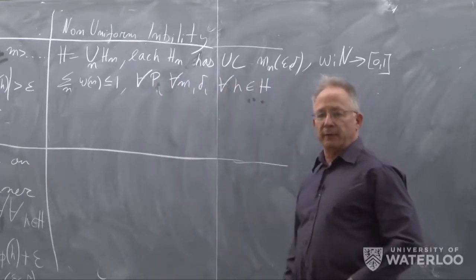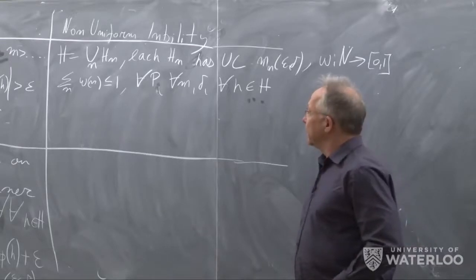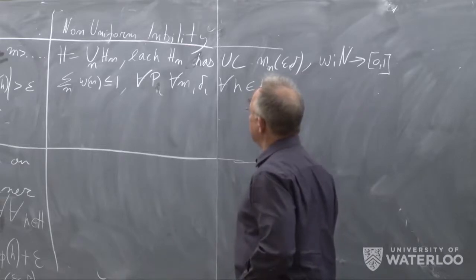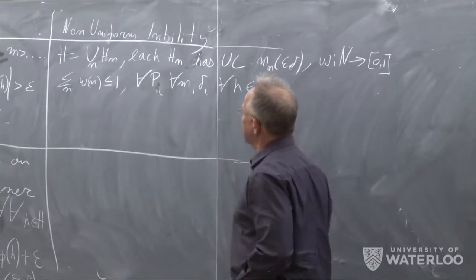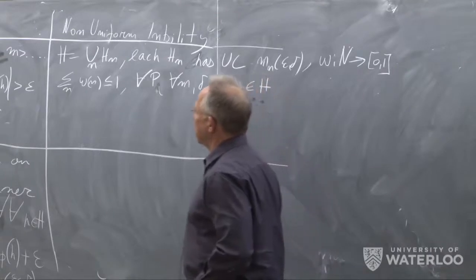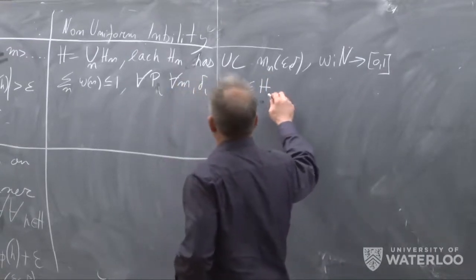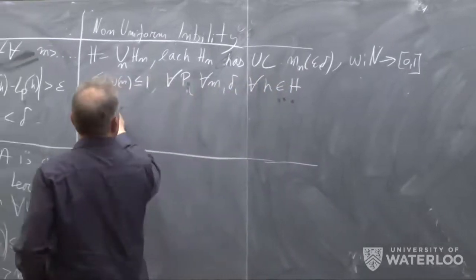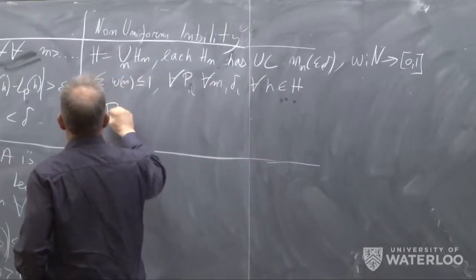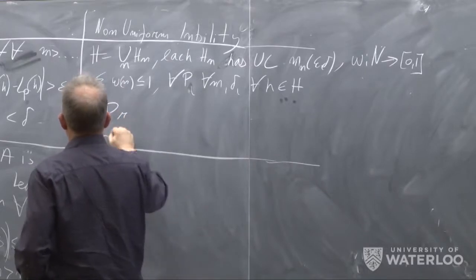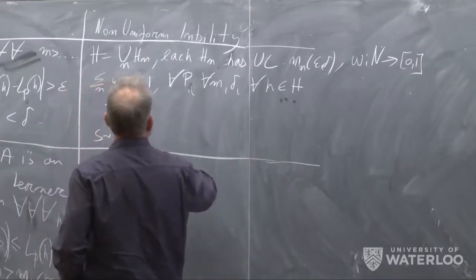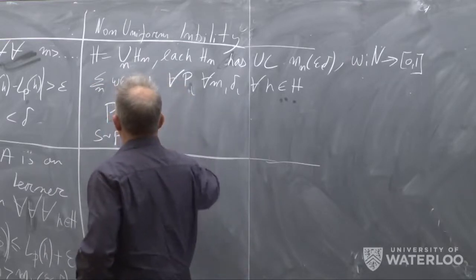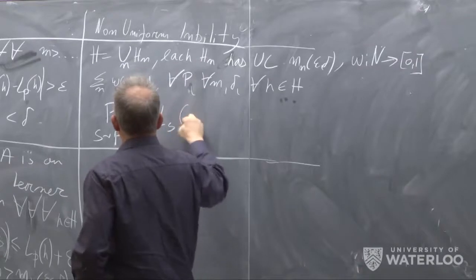We got that if we pick S of size m, the probability over S being picked by P to the m, that, and here we had L_S.